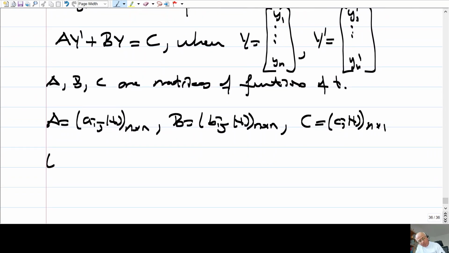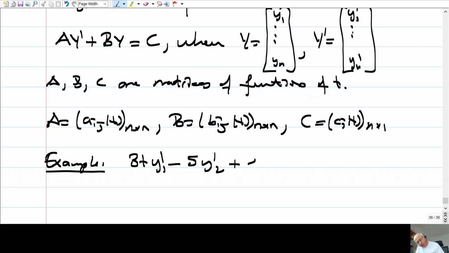Let me make an example. So we will have, for example, something like this: 3t y1 prime minus 5 y2 prime plus, let's say, e to the power t y1 minus cosine t y2 equals t.